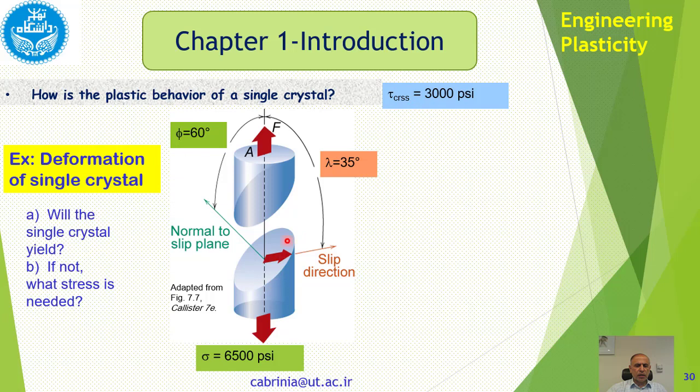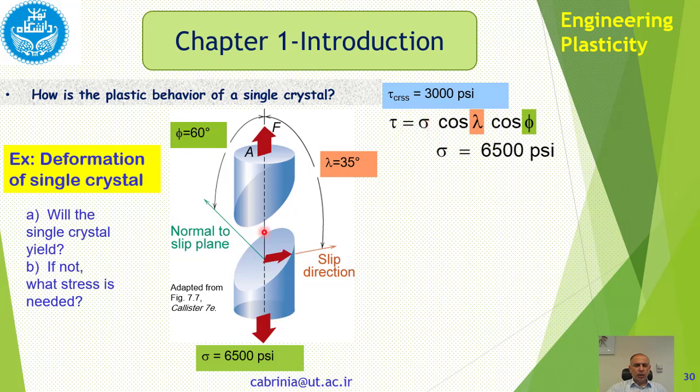Critical resolved shear stress could be obtained experimentally from experiments carried out on the crystals. So we must have that number, 3,000 pounds per square inch, psi. Now let's see if our resolved shear stress reaches this number. We can calculate resolved shear stress because we have all these numbers.